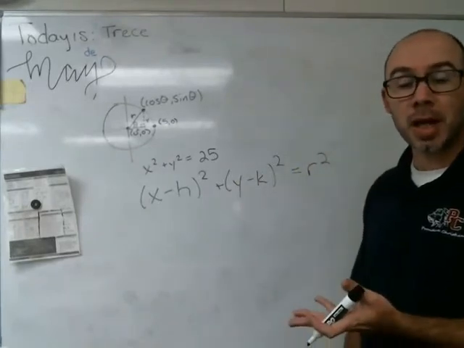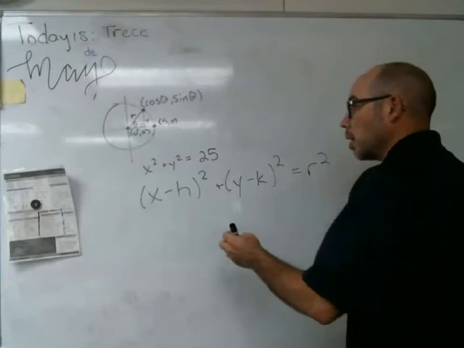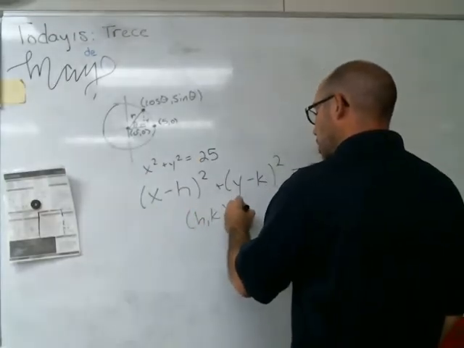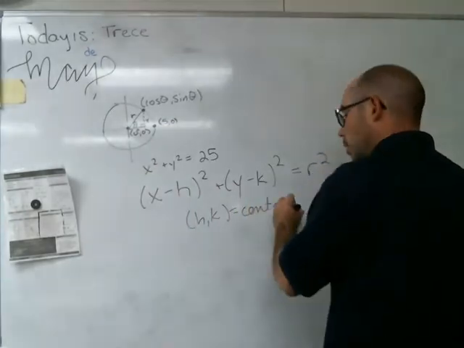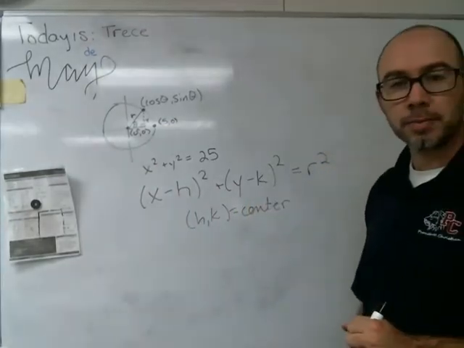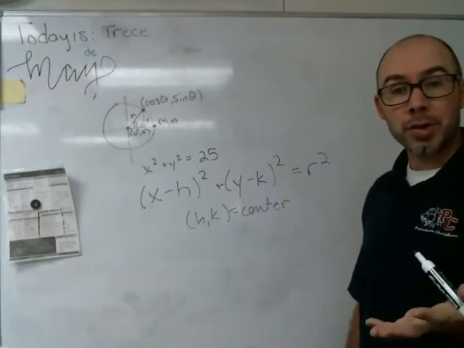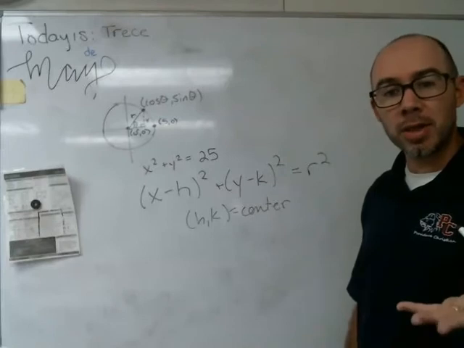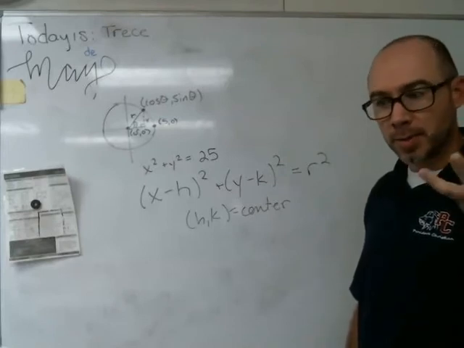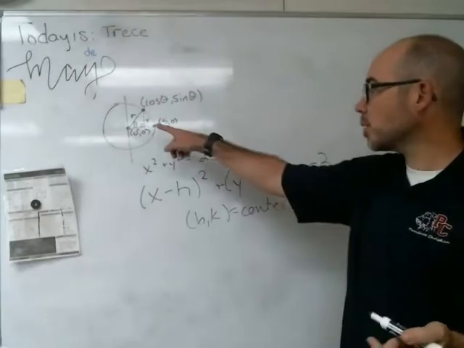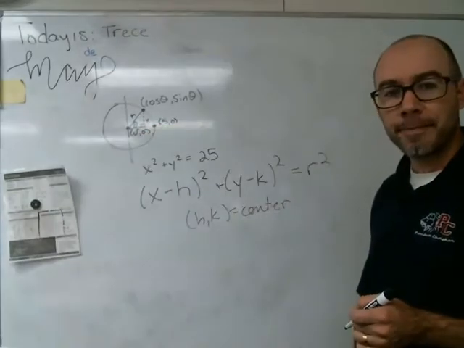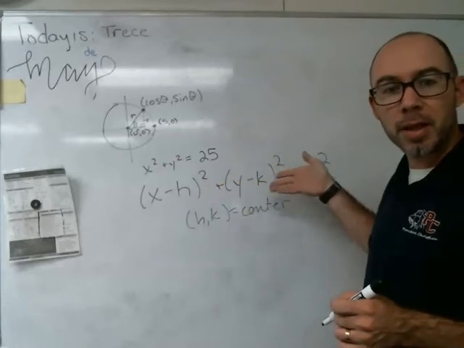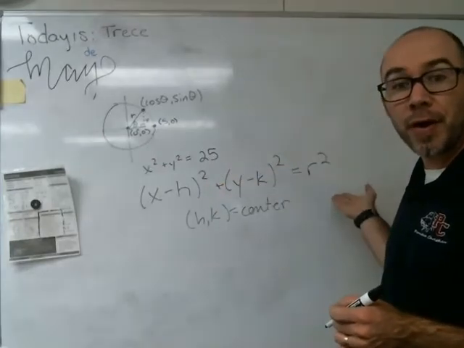And there's our h and k all over again, where h and k equals the center of that circle. The definition in geometry of a circle is that it's all points equidistant from a specific point. That point on this one would be the origin, 0, 0. So it's like you've got x minus 0 squared and y minus 0 squared equals 5 squared.